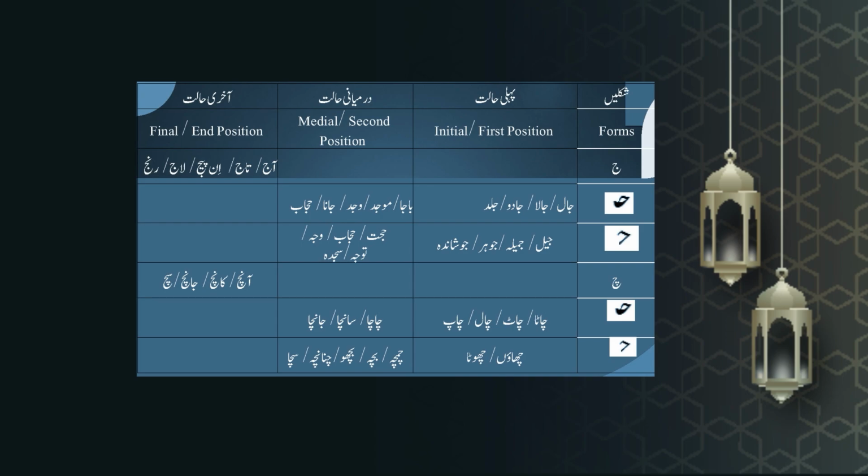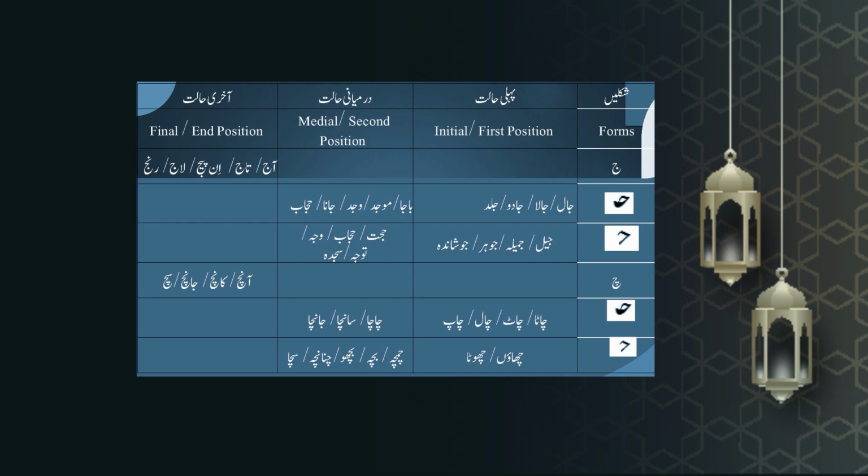But in the full form, when we are constructing words from the Jim group, we see that the alphabets belonging to the Jim group come at the end or final position in their full form.